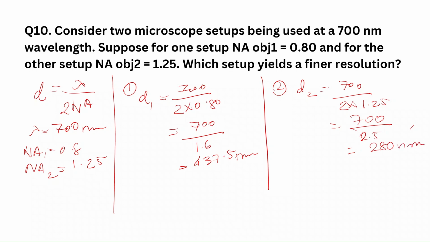So we know that D2 is smaller than D1. So the second setup will yield a finer resolution here.